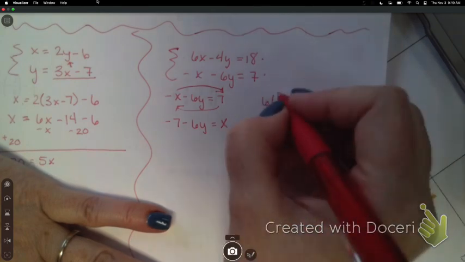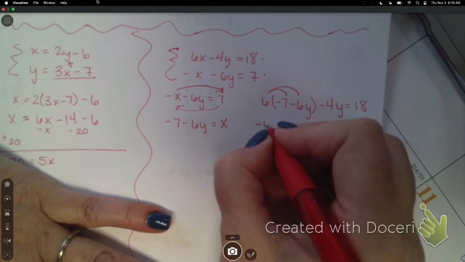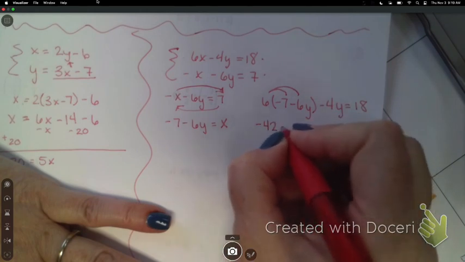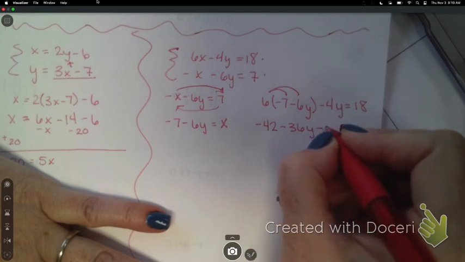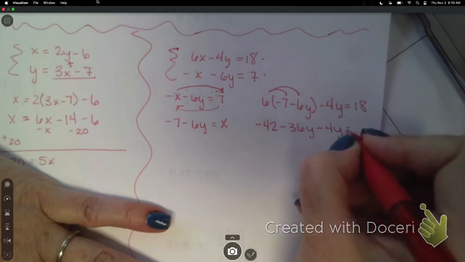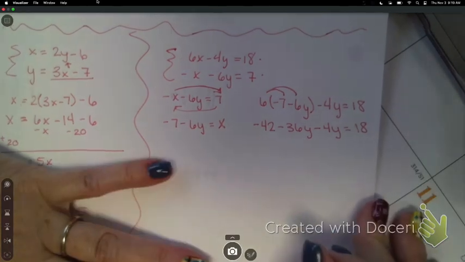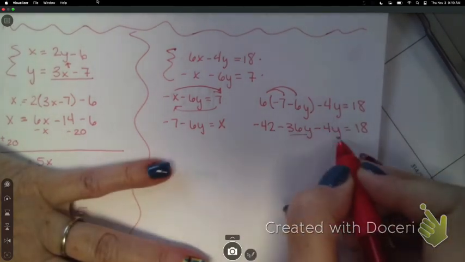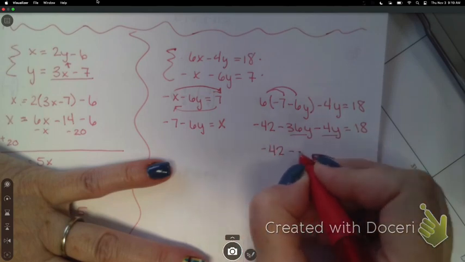So I have to distribute. So negative 42 minus 36y minus 4y equals 18. They're both negative, so I'd add them. So negative 42 minus 40y equals 18.